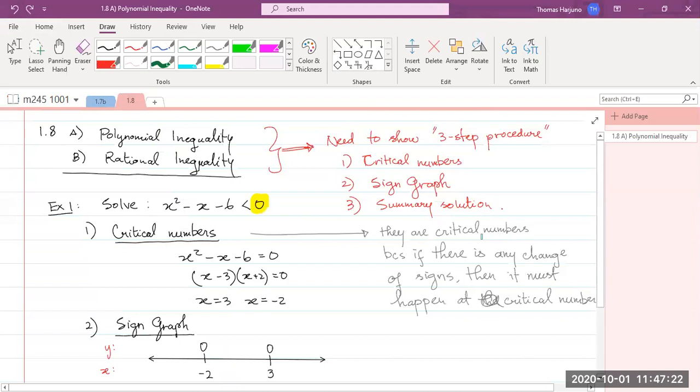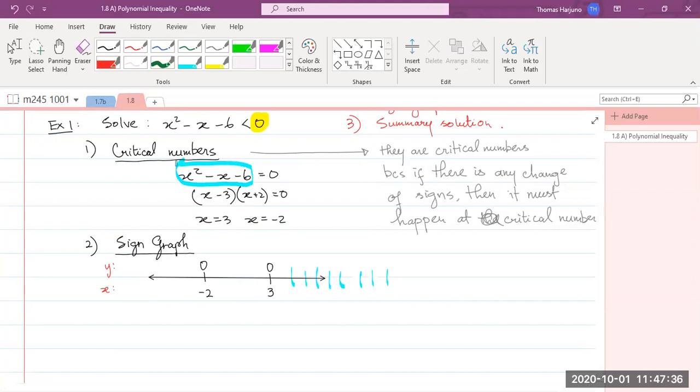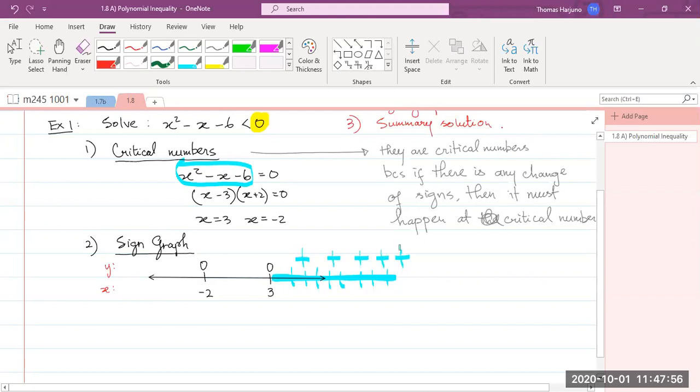Likewise, if you pick any numbers on this side here, they must have the same sign. In this interval here, there's no critical number. Because there's no critical number, we should not have the sign change from positive to negative. All of them must be all positive or all negative.